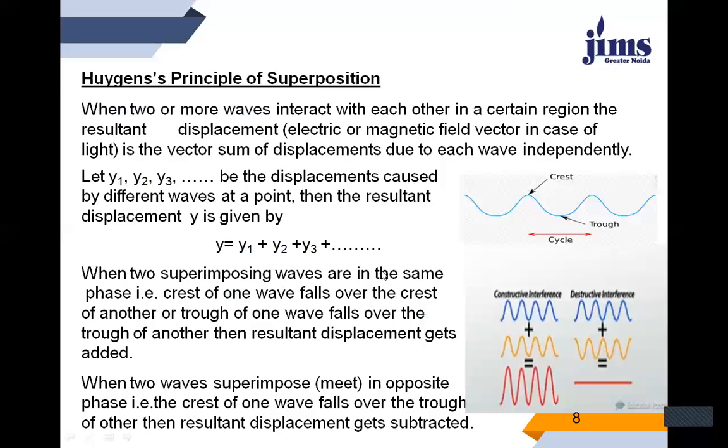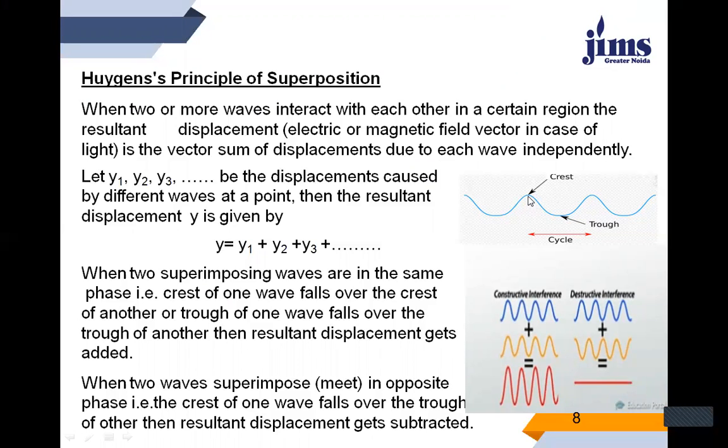When two superimposing waves are in the same phase, what do you mean by same phase? You are already aware of the crest and trough of a wave. You have already studied this in your 12th class, and I have also shown this crest and trough through this figure.